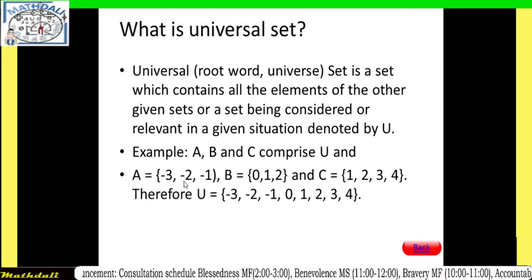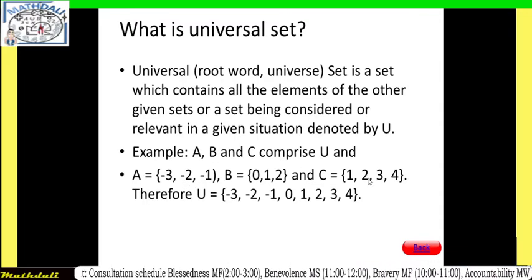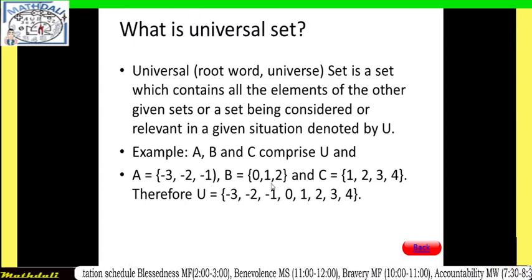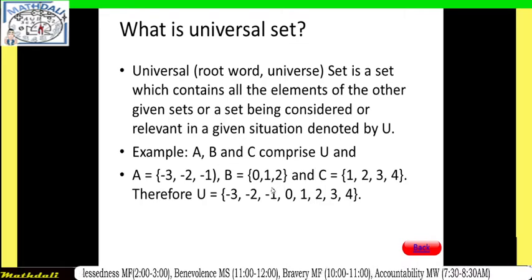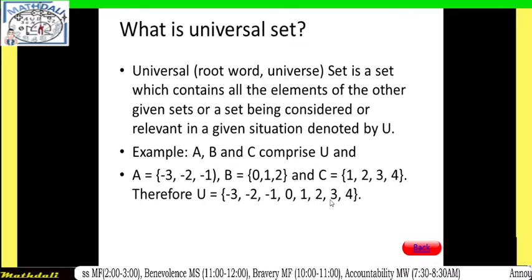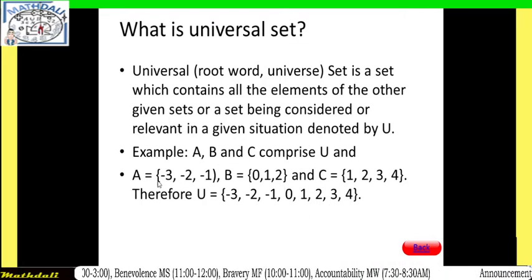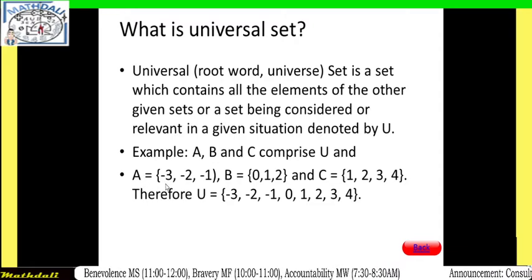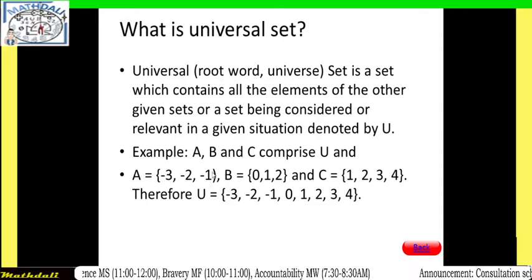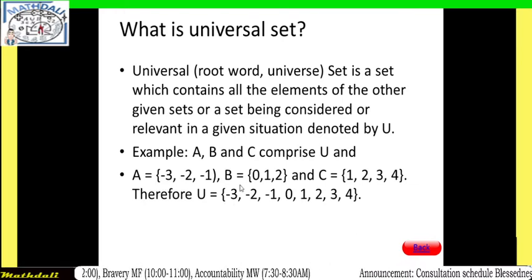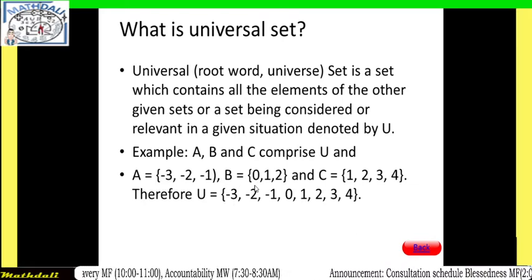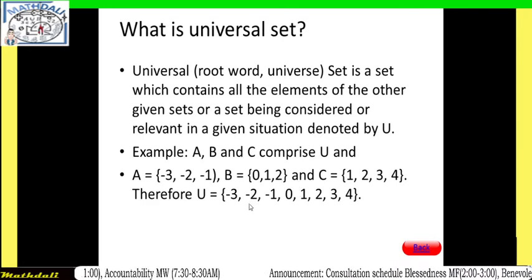All you have to do is to combine all the element, but you are going to list down the element once. Hindi nyo pwedeng ulitin yung element. So, dito, ang element meron sa set A ay negative 3, negative 2, negative 1. Dapat makikita yan sa universal set. Then, we have set B. Ang element meron dito ay 0, 1, and 2. Dapat makikita rin to sa universal set.